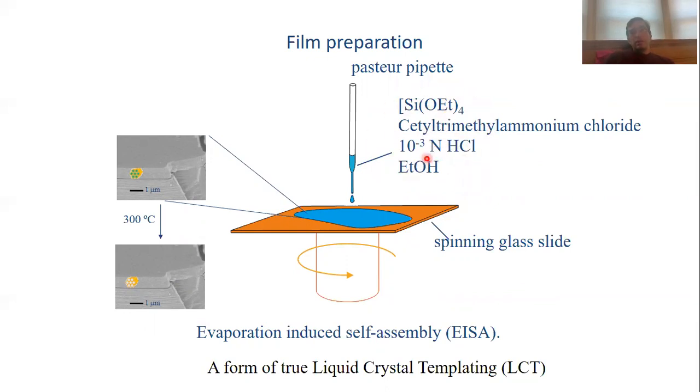a clear solution, you can just drop that clear solution onto a spinning substrate, for instance, a spinning glass slide. And what happens then is that the liquid actually radially spreads out from the inside to the outside. And there's, of course, a high surface area for that liquid.